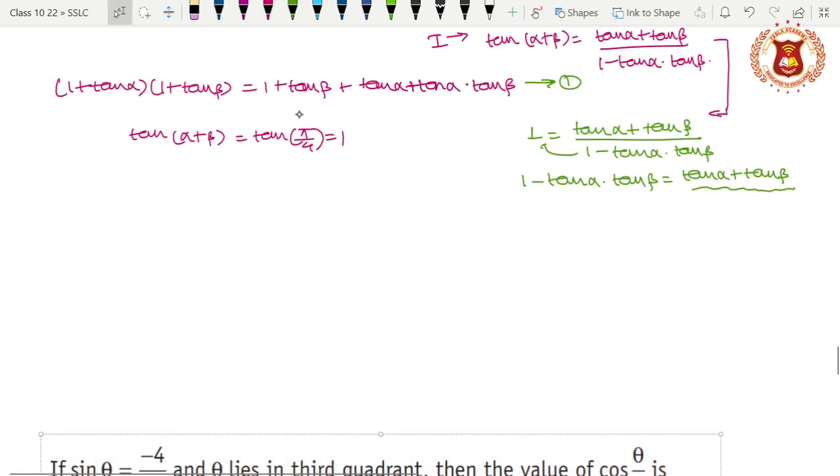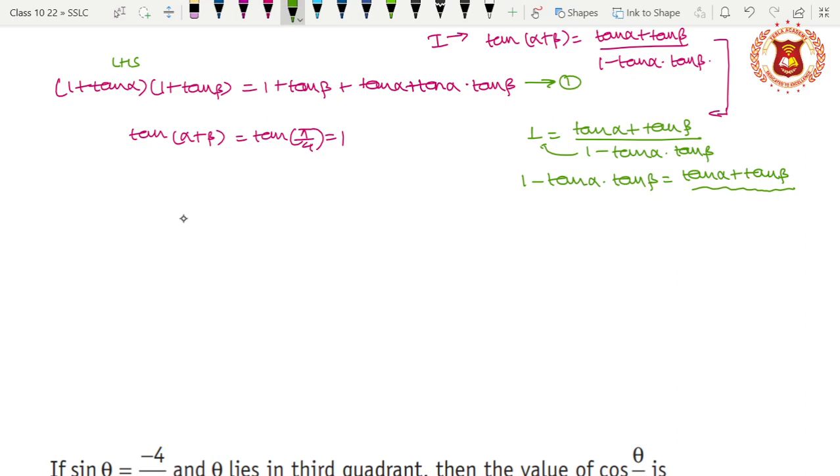Now this is the LHS here: 1 plus tan alpha into 1 plus tan beta, which is 1 plus tan beta plus tan alpha plus tan alpha into tan beta, right? Now observe here very carefully.